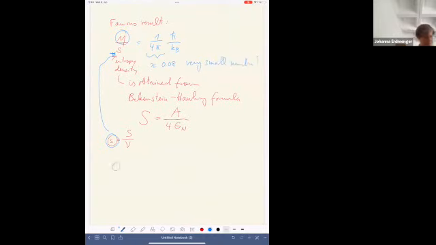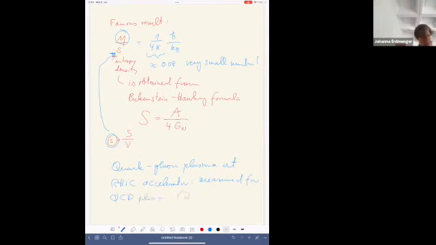Now, in the quark-gluon plasma at the RHIC accelerator in Brookhaven, this is measured for the QCD plasma.